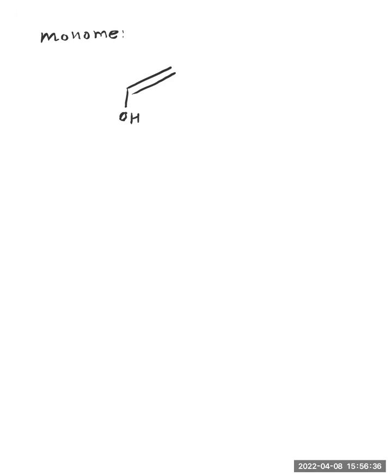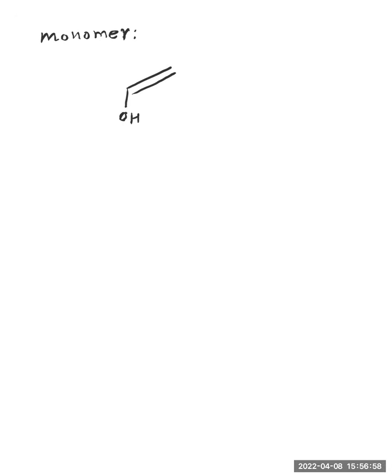If this polymerizes, what would your polymer look like, or what will be the structural formula of the polymer, and what would be the molecular structure of the polymer chain?